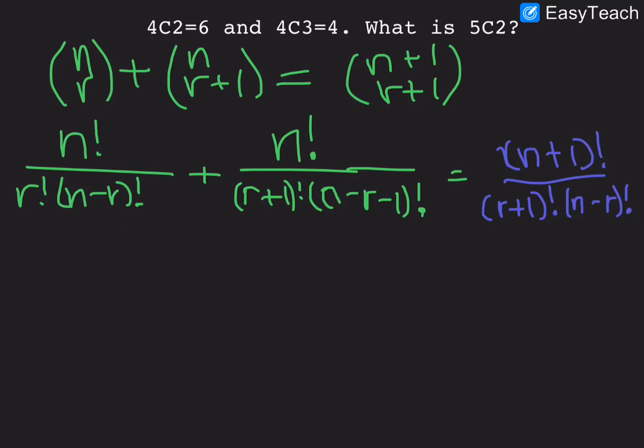So let's multiply. If we want r plus 1 factorial and we have r factorial, then we just multiply by r plus 1.